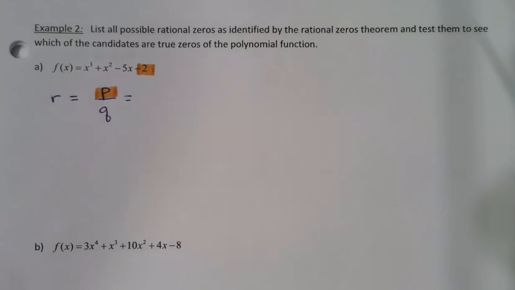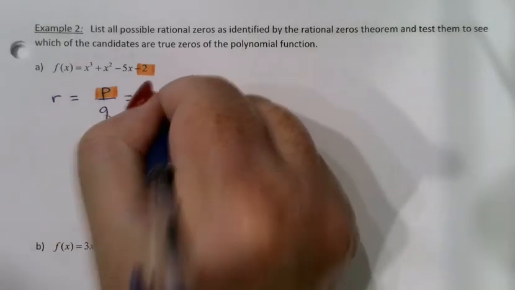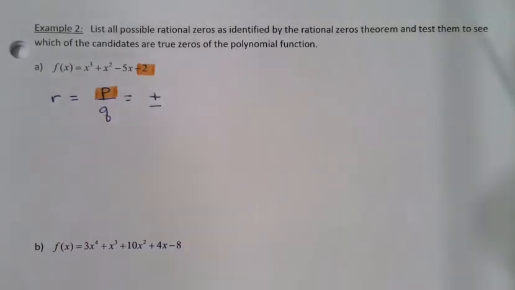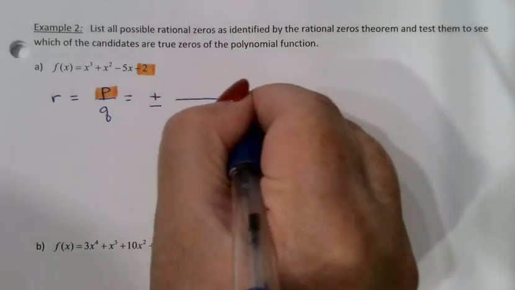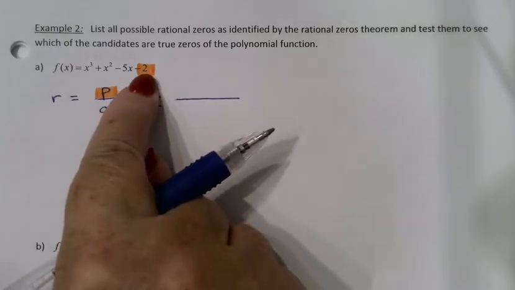Now here's my advice on this. I don't usually worry too much about the positives and negatives until I'm completely done, because all factors could be either positive or negative. So I'm just going to put a plus or minus there. And then the p-values, well, fortunately, there's not that many choices, right? The only factors of 2 are 1 and 2.